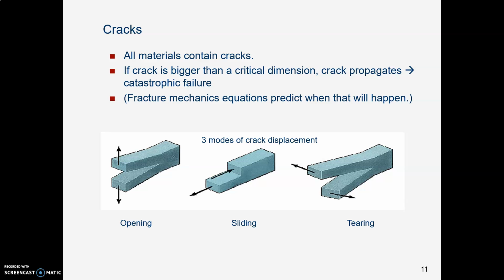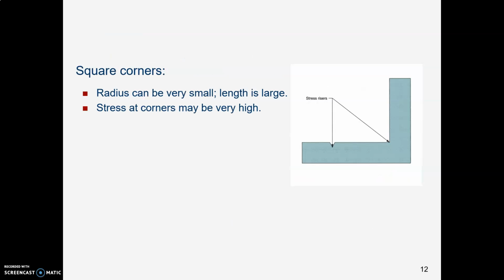Our problem is that all material contains cracks. A lot of the cracks are microscopic in size, but they're there because no material is perfect. And if the crack gets bigger than a certain critical size, that crack starts to spread. We say it propagates, which is another way of saying it spreads. And that especially happens at sharp corners.